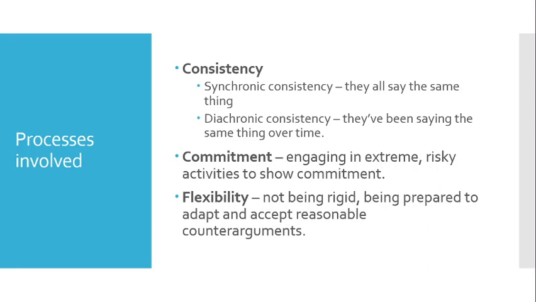So when people are arguing against them, they're not just flatly denying it. They're saying, well, I can see your point, I accept that, however. So they're adapting, they're accepting reasonable points that the other side makes, but they're still sticking to their argument. So that's what being flexible is about.